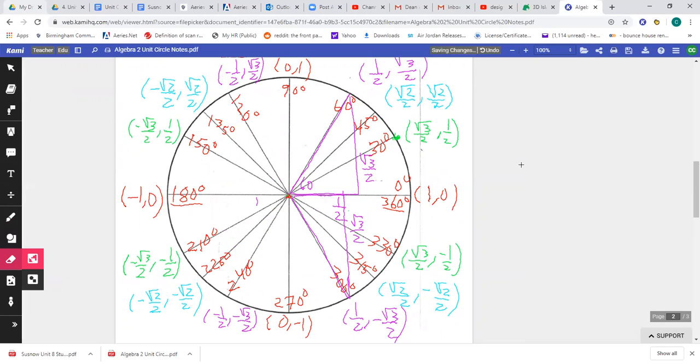And so that's why we would have you memorize this if we were in class. This whole thing. So right now, if you're not taking notes on the actual notes and you were just watching, I would take a picture of this right now because this is the complete unit circle.